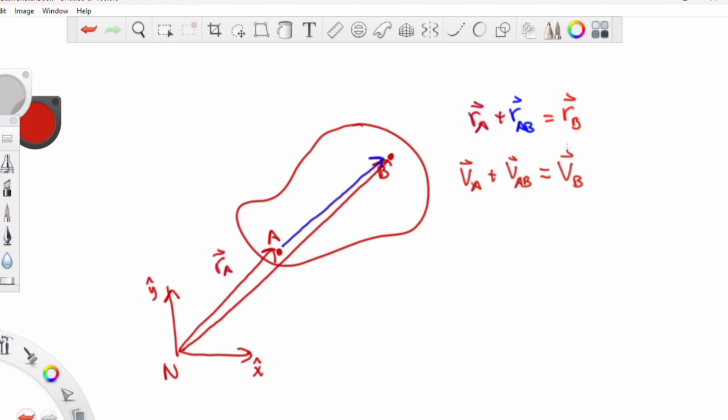But from the previous lecture, we found that the relative velocity of point B with respect to point A, since this is a rigid body, it must be omega cross R. Then our equation transforms to VA plus omega cross R AB vector equals VB.